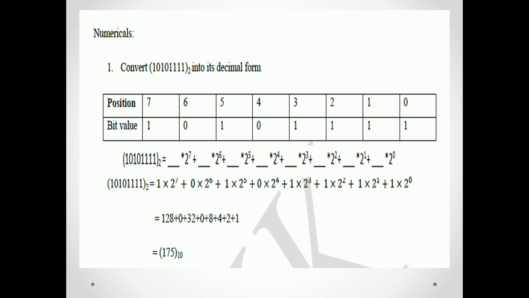Position and bit value. After this, in bit value you have to write the number 10101111. Whatever number is given here, you have to write it separately.